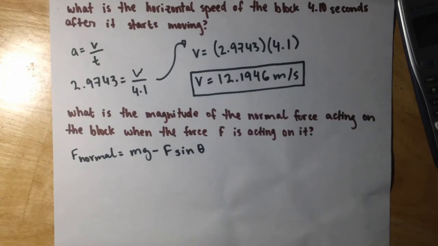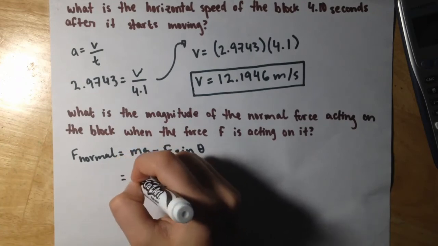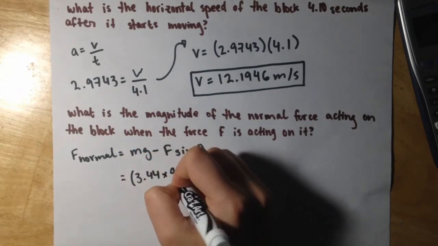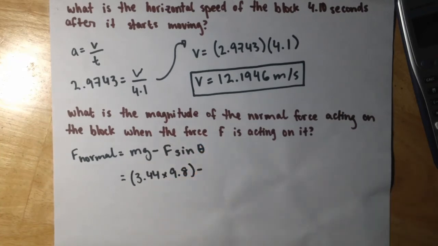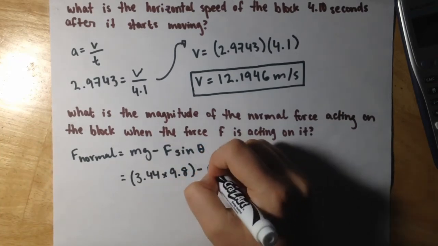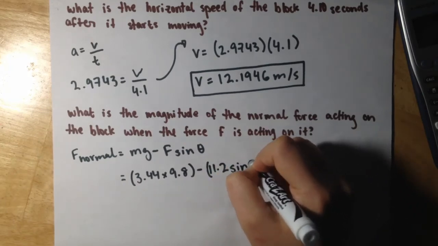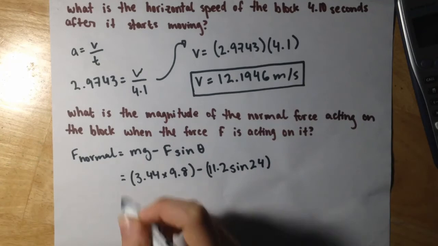So mg is 3.44 times 9.8, minus the force, 11.2 newtons, times the sine of 24 degrees.